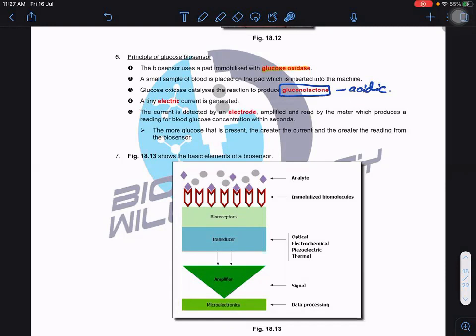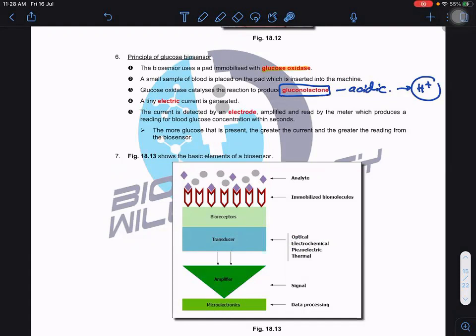So how can we do this? If the glucose is converted to gluconolactone, which is acidic, there is a release of H+ ions. This H+ ion will give us a difference in terms of electrochemical properties. Initially there is no H+ ion, but now with the H+ ions present, there is a change in the electrochemical. This electrochemical change will be picked up by the transducer, which converts it into microelectricity and amplifies it.